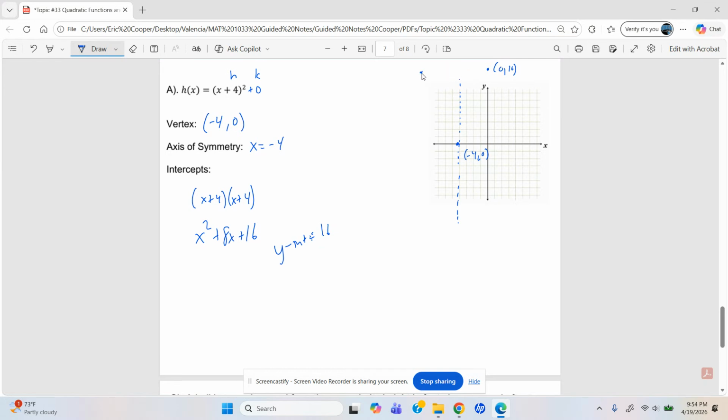So I'm going to go 4 this way, and I know I've got a point at negative 8, 16. This acts as the x-intercept, so my x-intercept in this case is simply negative 4, 0, and because there's nothing here, we could see a is equal to 1. We know that it is going to open upward. So again, we use the vertex formula basically if it has not already been factored.